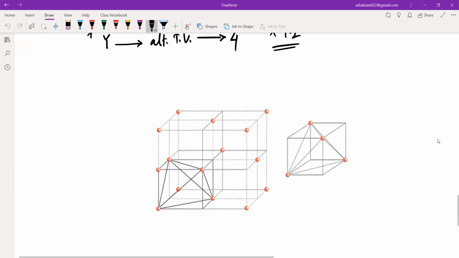So see, these are the face center atoms, as you can see. One, second one we have here, and then we have one face center atom here.